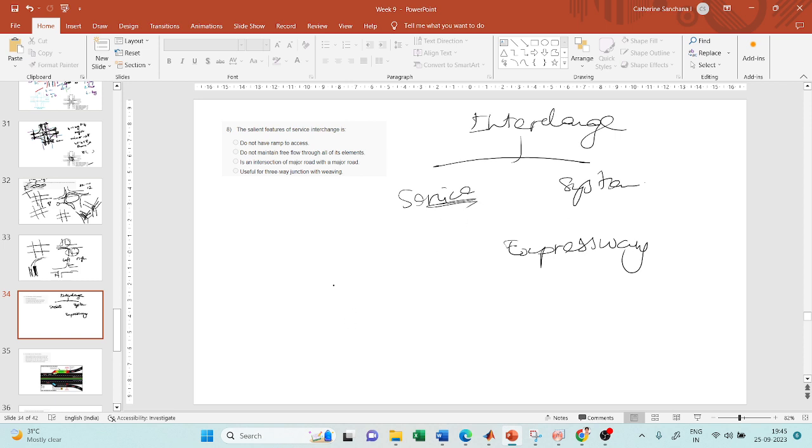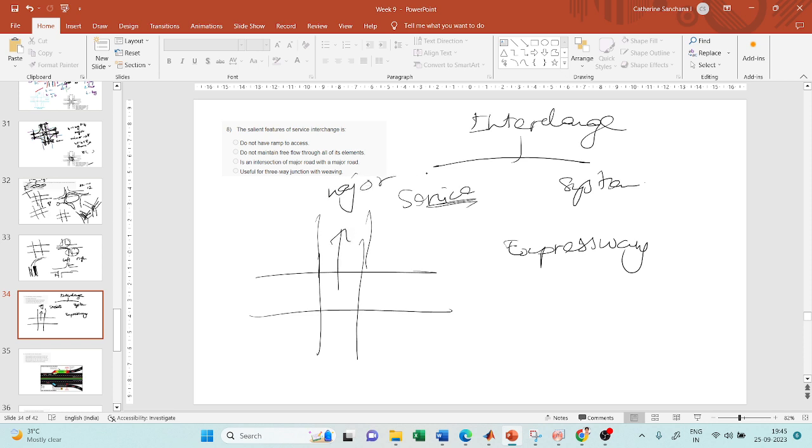So what I mean to say is, imagine there are two roadways which are separated by grade, at two different levels. Among these, one is a major roadway and the other is a local street.